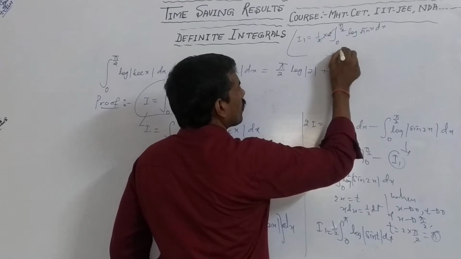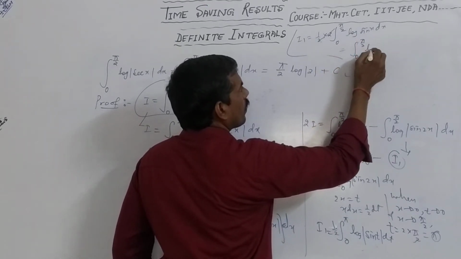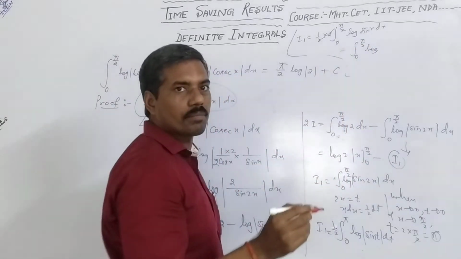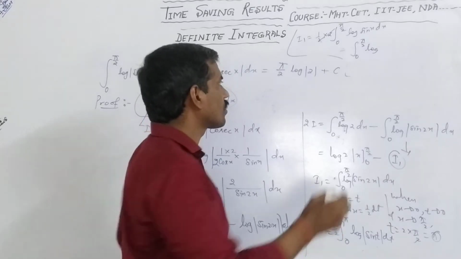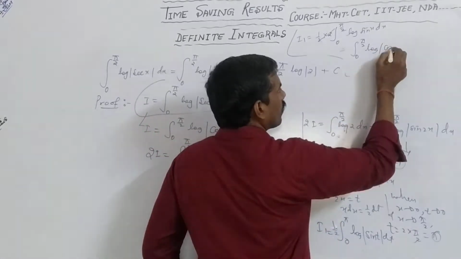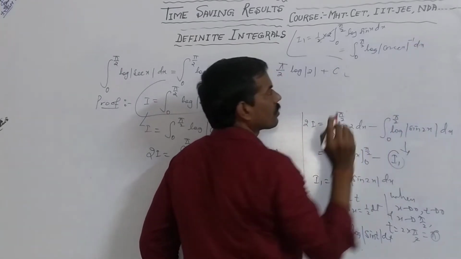This one is equal to integral from 0 to pi by 2, and log of sin x can be written as log of 1 upon cosec x, that is cosec of x to the power minus 1, dx.